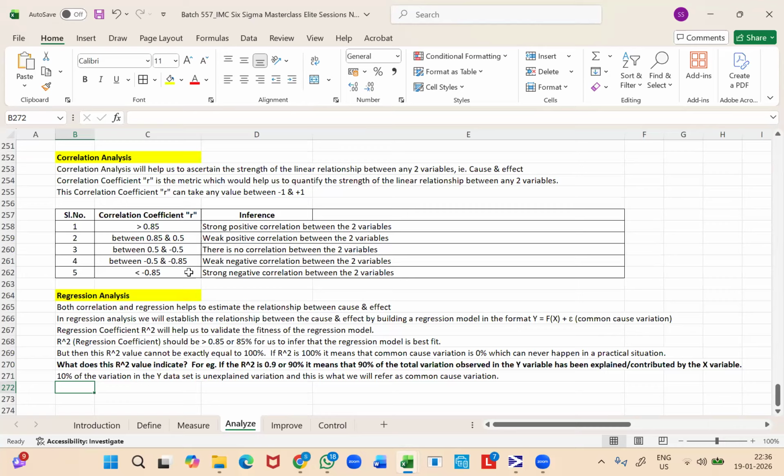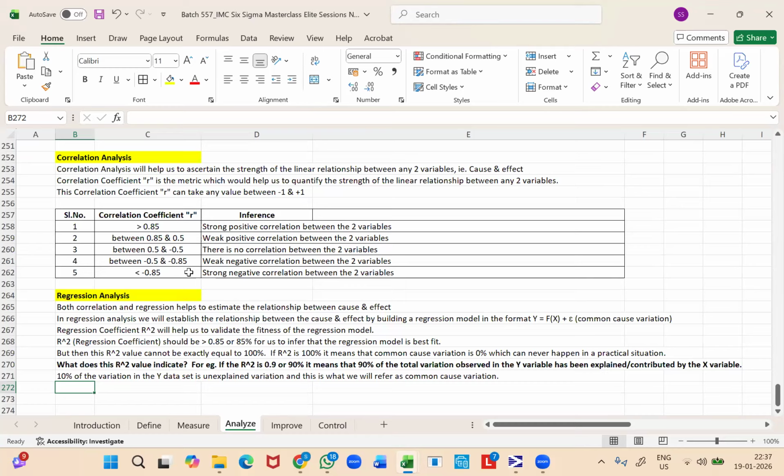So y stands for effect, x stands for cause, and epsilon stands for common cause variation. The fitness of this regression model can be ascertained through a metric called regression coefficient denoted by capital R square. The capital R square should ideally be greater than 0.85 or 85% for us to infer that the regression model is best fit, right?